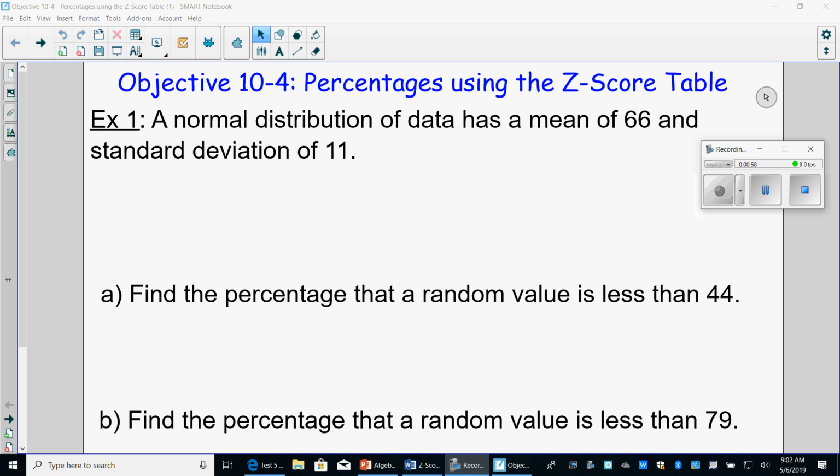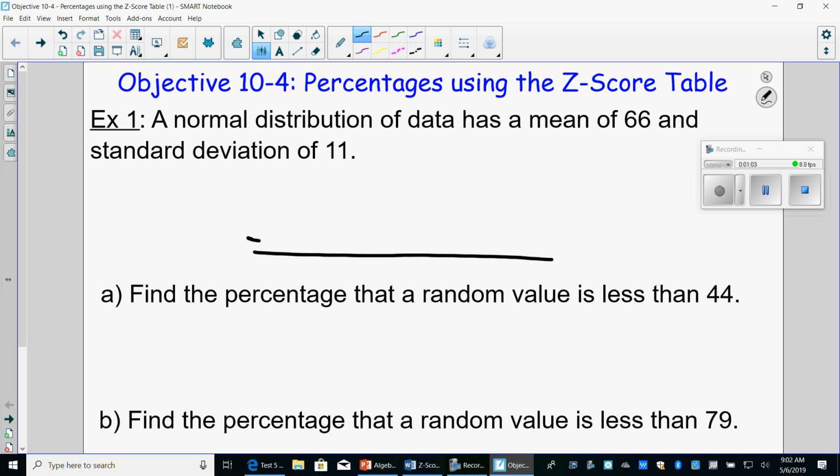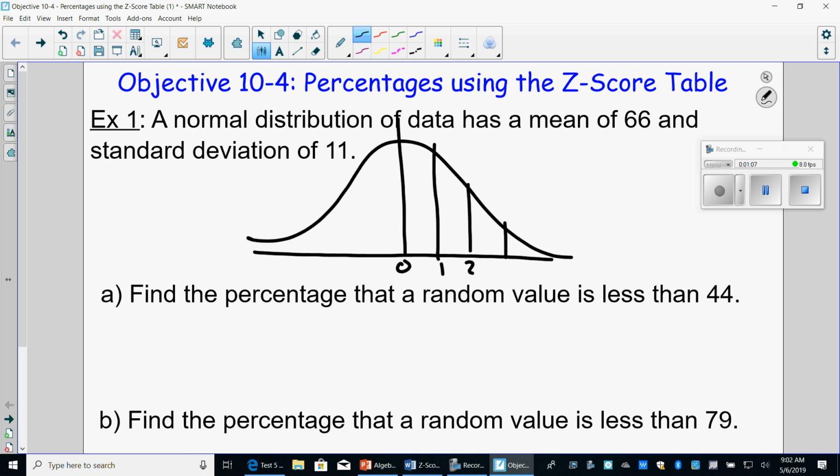All right, so I asked you to draw a bell curve. So this is 0, 1, 2, 3, and -1, -2, -3. Okay, so 66 goes in the middle, and we know we're deviating by 11.